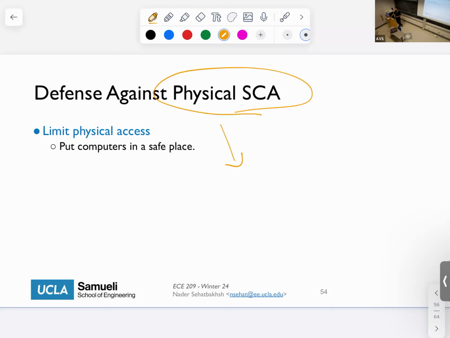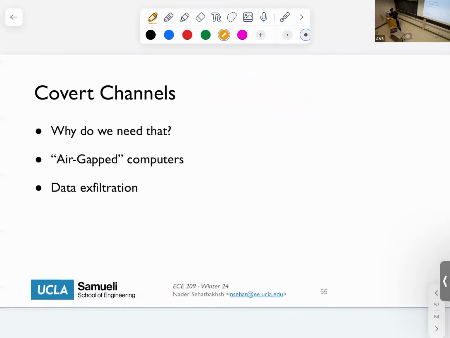You want to have these devices in secret places, but your phone or your watch, you carry with you, you go to the bus, you go to the airport, and this gives an opportunity for a hacker to access them. So if you stay at home, then of course there will be fewer challenges here.